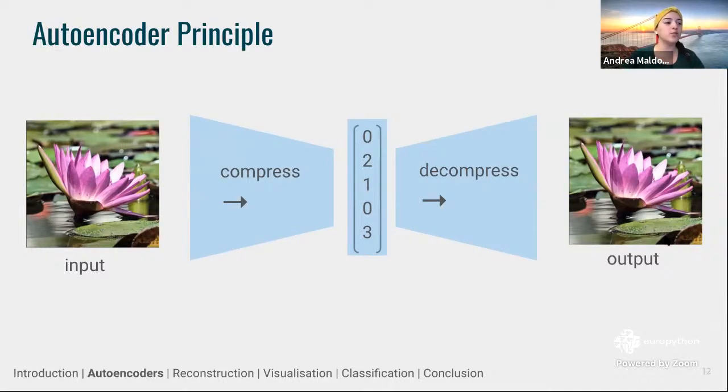So you might come up with the idea of compressing this picture into some low dimensional object. In this case, we are talking about vectors. Then later in time, if you want to take a look at this very high resolution picture that you took, you want to decompress it, and hopefully the output will look exactly as the input before. So there will be no loss.